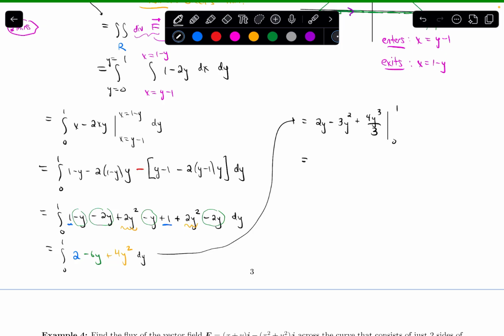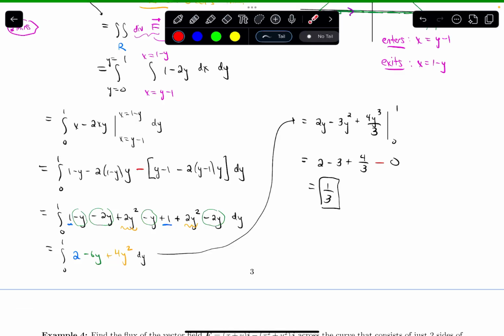If I plug in 1, I'll get 2 minus 3 plus 4/3. And then I got to subtract what I get when I plug in 0, which is 0. So 2 minus 3, that's negative 1. Negative 1 becomes negative 3 over 3. I add that to 4 over 3. That's just going to be 1/3. And that's my answer right there.